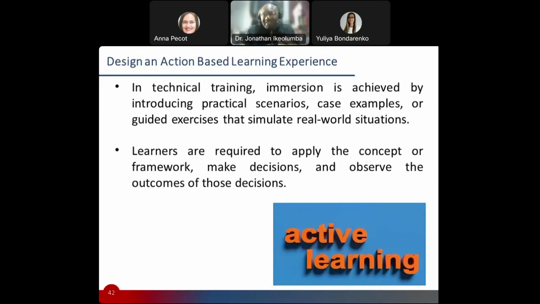So I call this immerse them. I think you should be doing a technical training by having a lot of what I call practical scenarios, or using case examples or case studies. I've never done a training around finance without doing a lot of case study examples. Sometimes I start, before we even go into the technical things to learn, by giving them some topics or examples to try out and saying, okay, so what would you do?